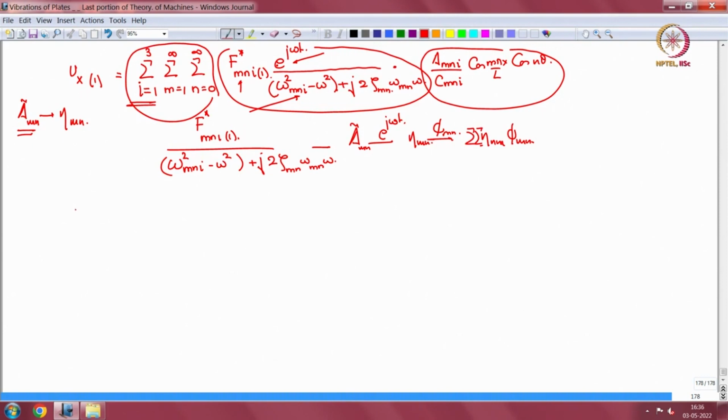Then u theta, which for the first set is again summation over i running from 1 to 3, summation over m going from 1 to infinity, summation over n going from 0 to infinity, same f m n i 1 star, but this time I have a different theta directional mode.